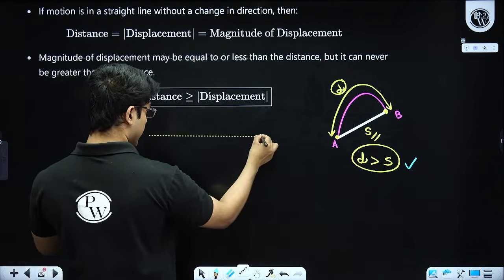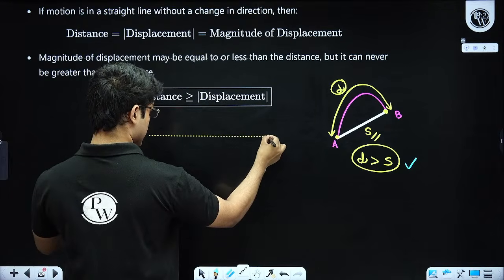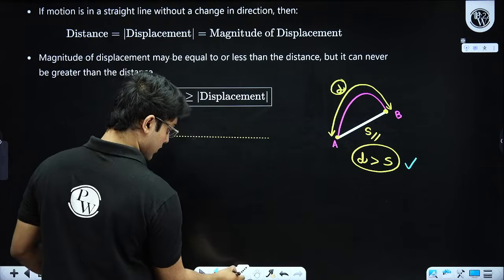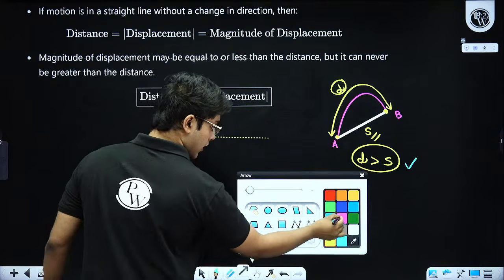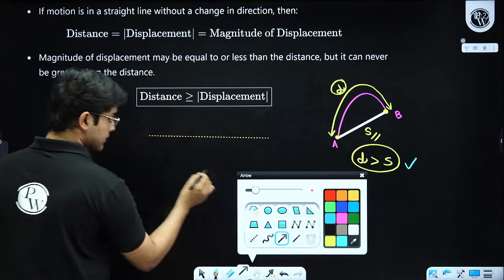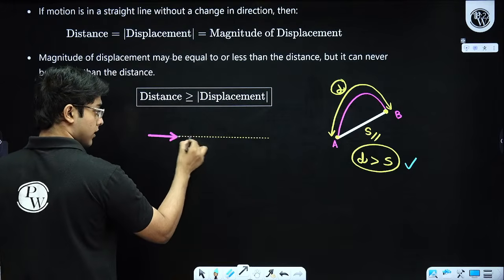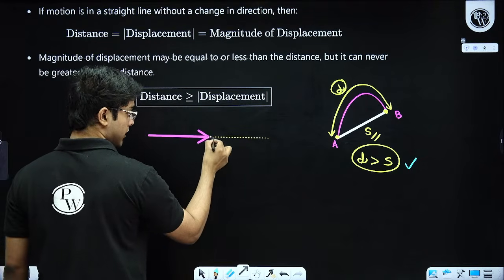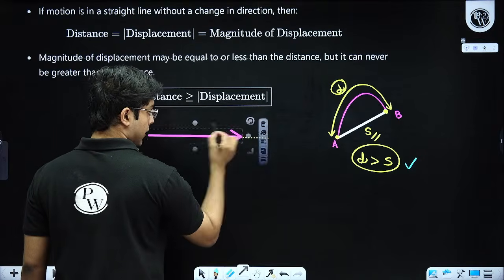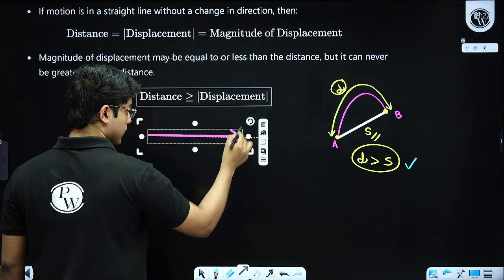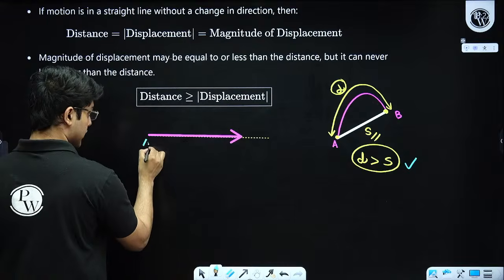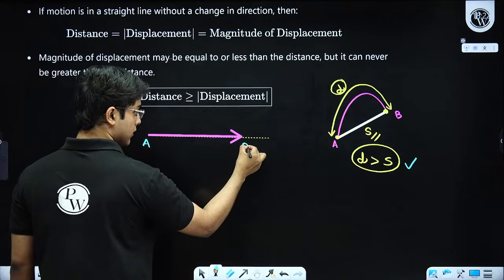So, if you have a one-dimensional motion along a straight line, and the motion is happening without any change in direction, which means, let's say you're moving to the right, you keep moving along the right direction. So this is the starting point, this is the ending point.